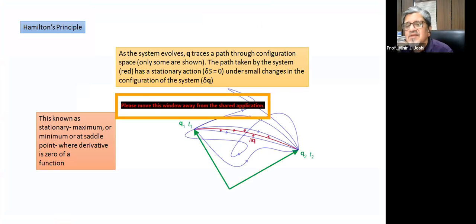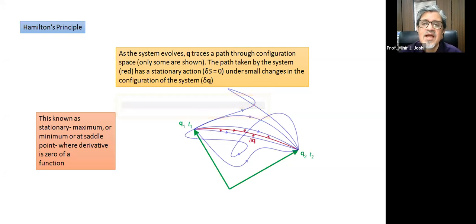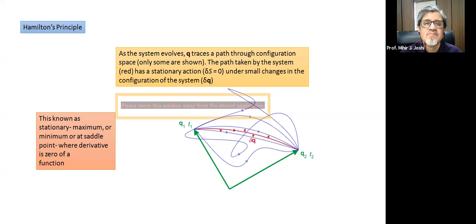Now we come to another interesting part, that is Hamilton's principle. Hamilton's principle is represented in a mathematical manner in a different way, but we'll try to understand the concept here, why Hamilton's principle is very important and why we'll be using it quite often in classical mechanics.